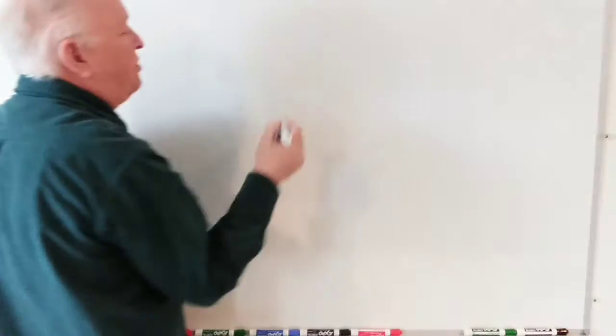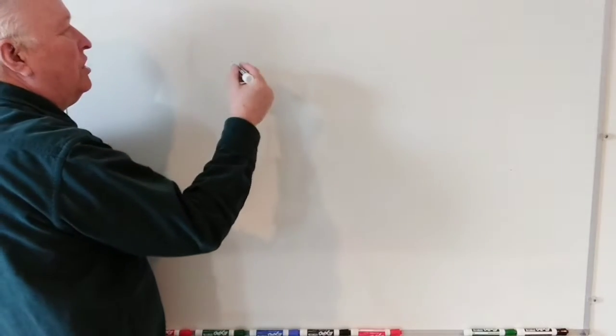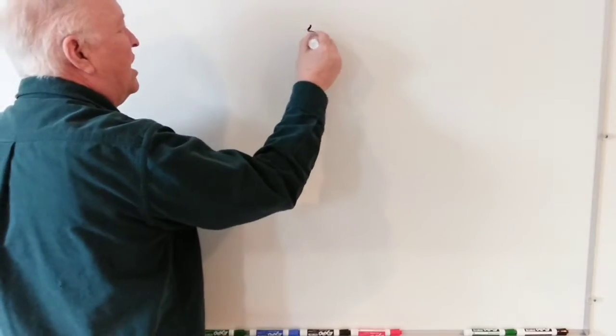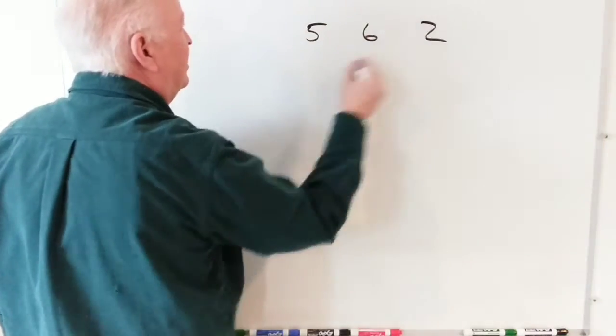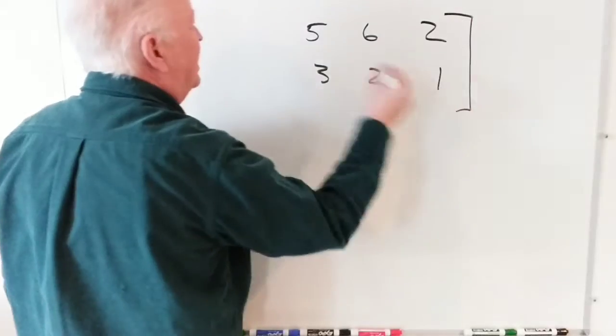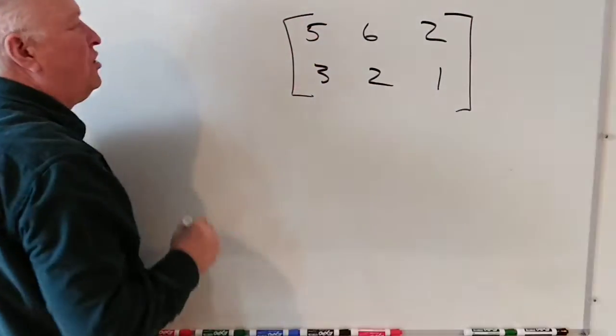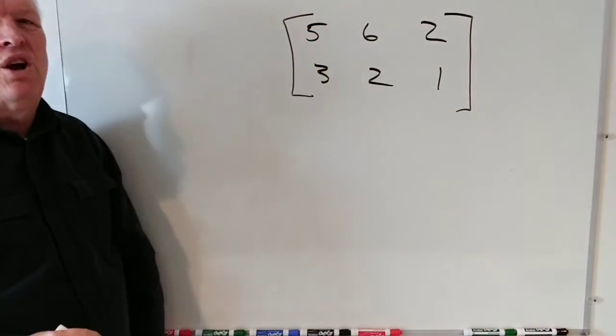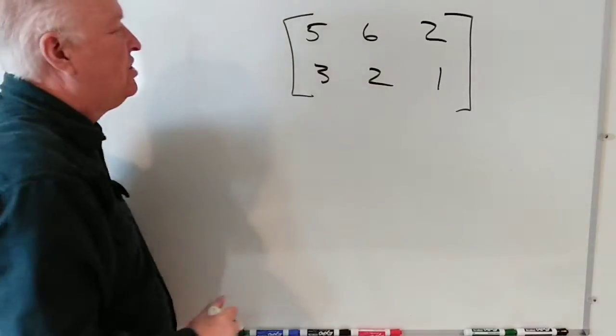A matrix is a series of numbers organized in rows and columns. And then we put brackets to begin and end to show that this is a matrix.